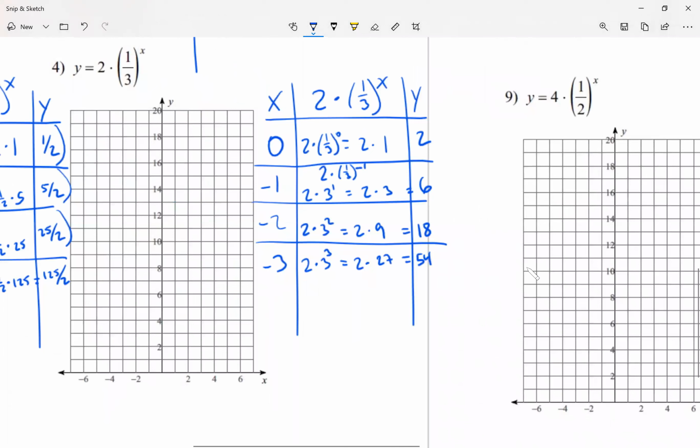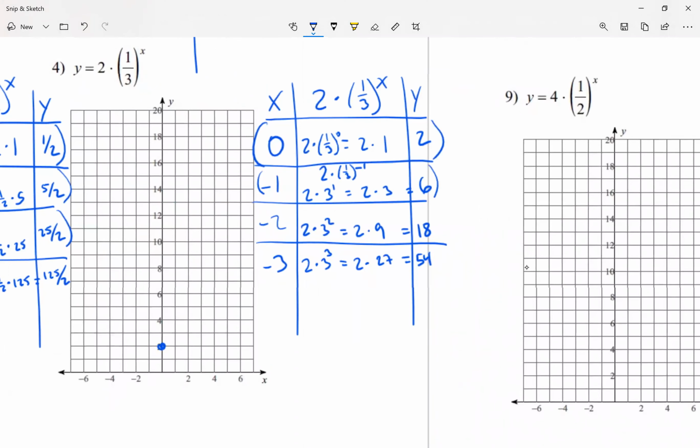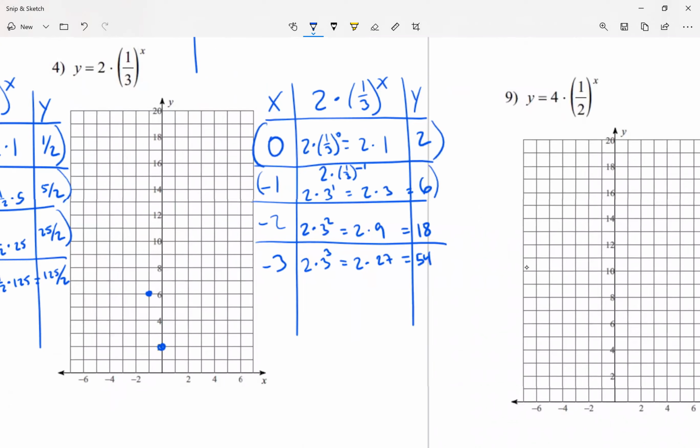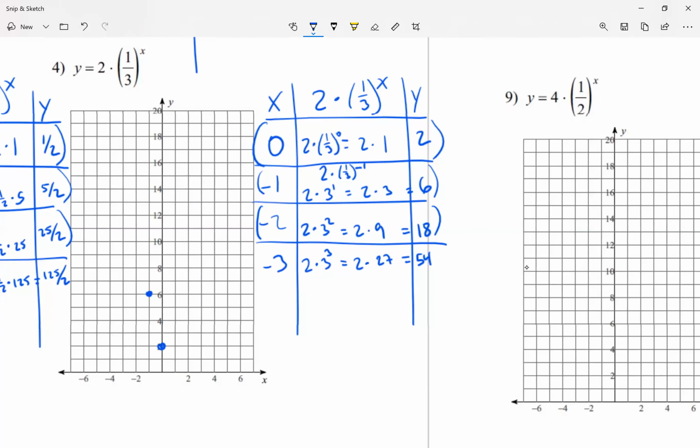Okay. So my first point is when x equals 0, y equals 2. So that's there. When x equals -1, y equals 6. So that's right there. The -2, 18. Now the third point, (-3, 54), that one doesn't fit in my graph.